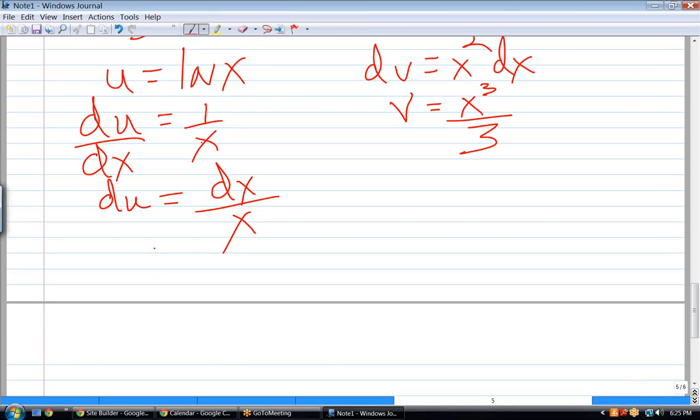So that's ln of x times x cubed over 3. I'm going to put that in front because it's confusing if I write x cubed over 3 to the right of the natural log.